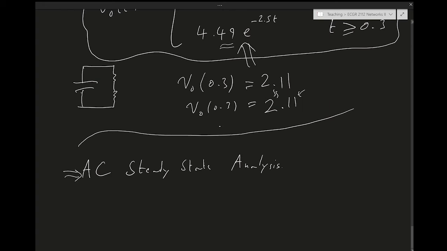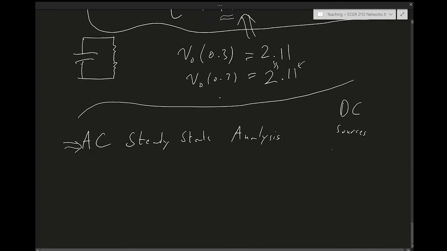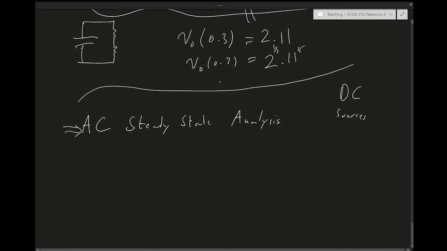So we want to now move forward away from only analyzing circuits with DC sources, and we want to be able to analyze circuits with more general sources, and we inch our way towards doing that by first considering circuits that have sources that are what's called alternating, meaning sources that look like sinusoids, right? And we won't be concerned with transient analysis.